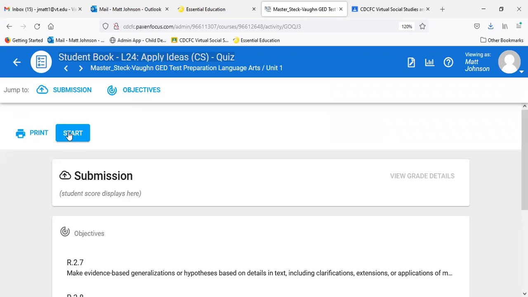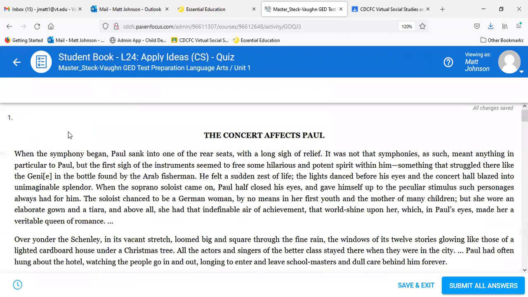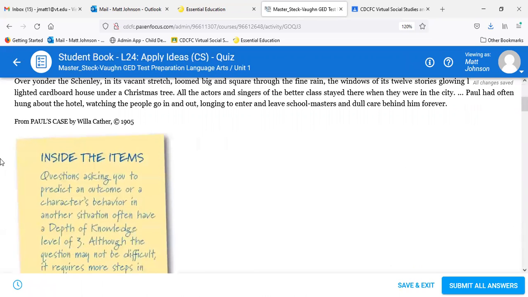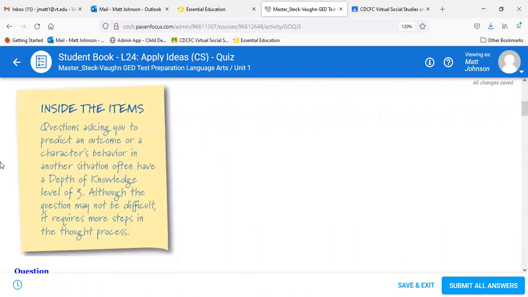So we start our quiz here, Unit 1, Lesson 24. It says inside the items here that questions asking you to predict an outcome or a character's behavior in another situation often have a depth of knowledge level of 3. We're talking about critical thinking here, some of the skills that we're trying to build.